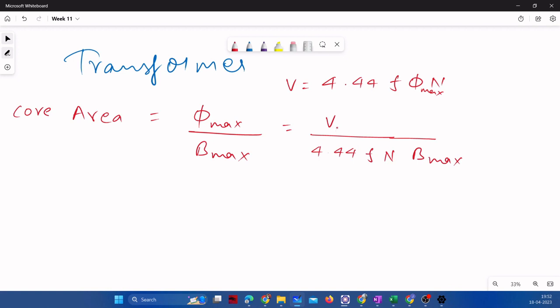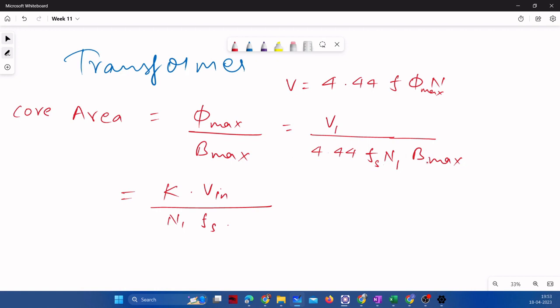Since we are exciting the winding from the supply side or primary side, we will take V1 and N1. And frequency will be nothing but the switching frequency. And 1 by 4.44 we will call a factor K into V1, or V in, supply, divided by N1 into Fs.